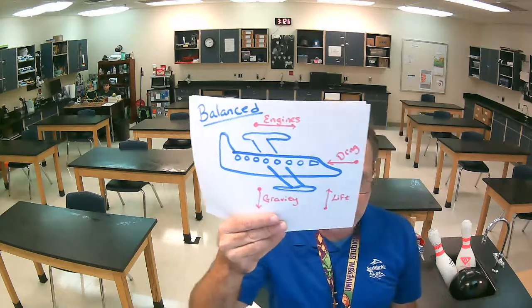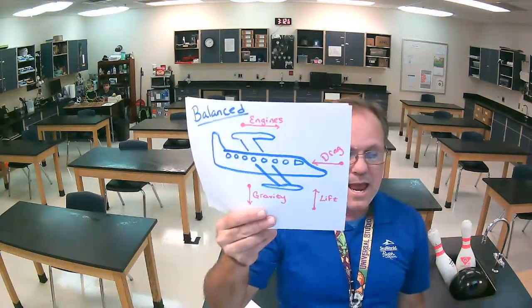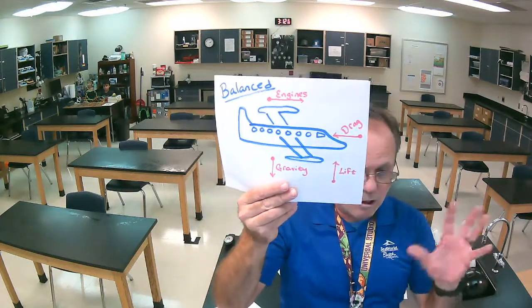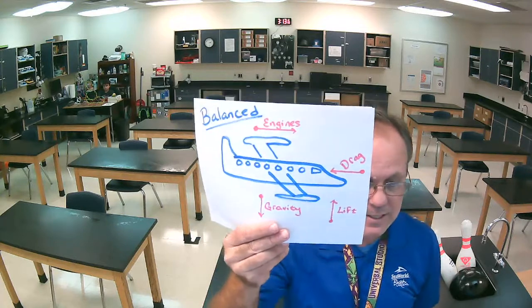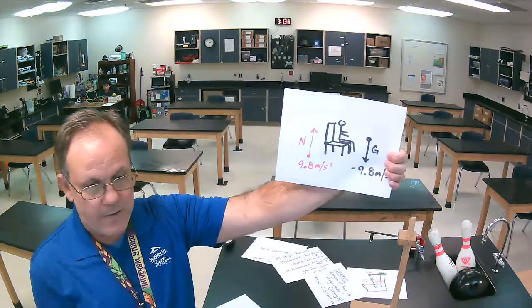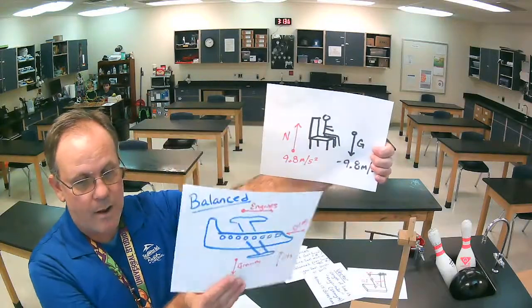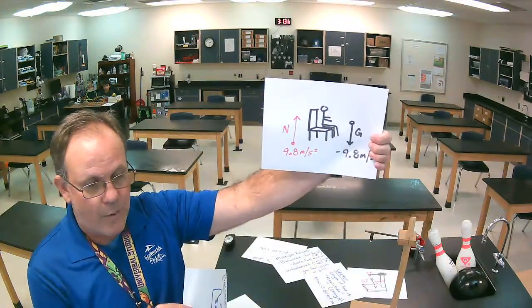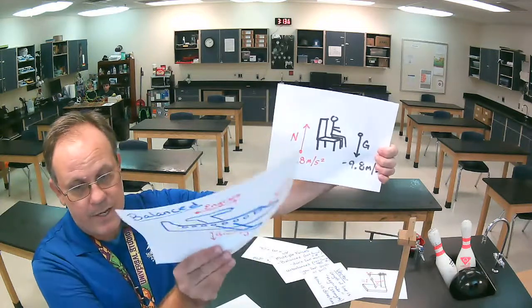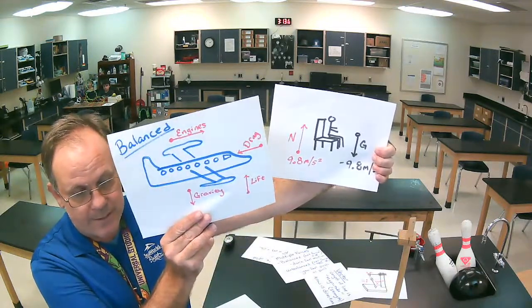So the plane's not going backwards or forwards, you're not going backwards or forwards, and the plane is not turning left or right. As long as all forces are aligned and everything's balanced, you can get out of your chair on the airplane and you can walk around. You can go to the bathroom, you can go ask the flight attendant for a snack, you can move around the airplane because all of the forces are balanced.